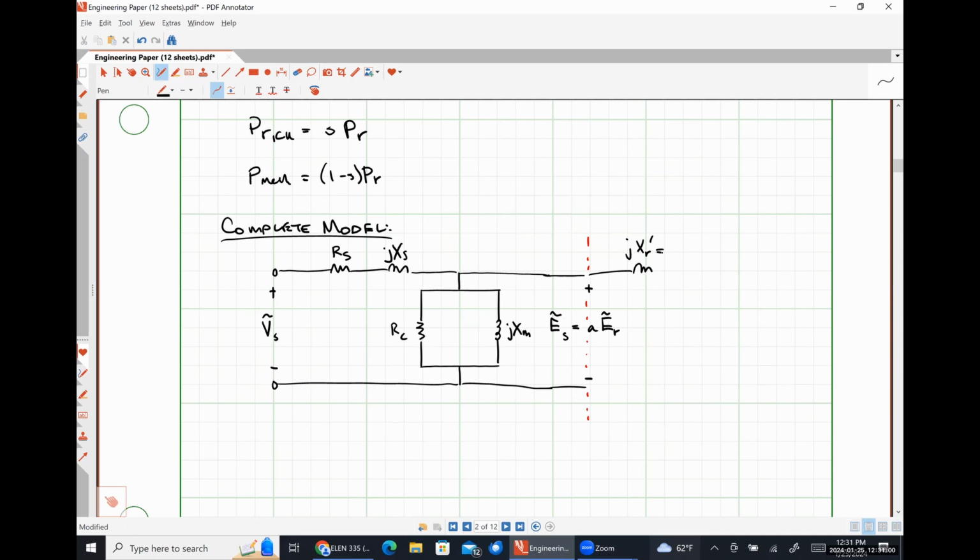So this is our rotor reactance referred to the stator side of our device, which is just going to be A squared times jX_R. Here is R_R prime.